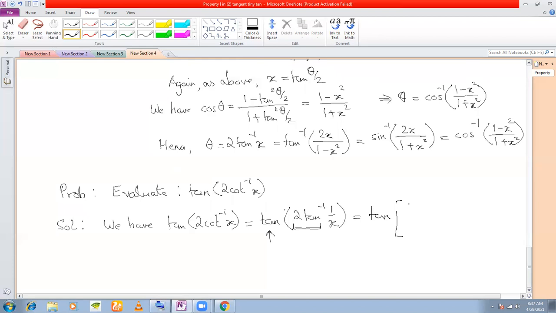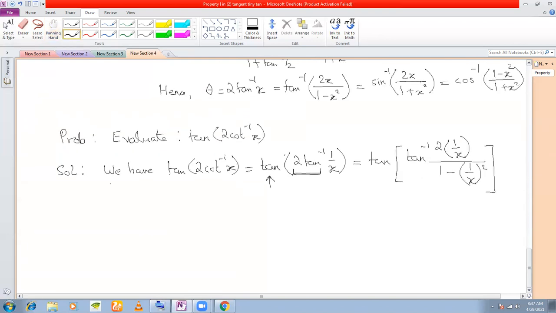Using the first result, I can write this as tan of tan inverse 2x by 1 minus x square, where x is 1 by x, right? I can write it in this manner from that result.